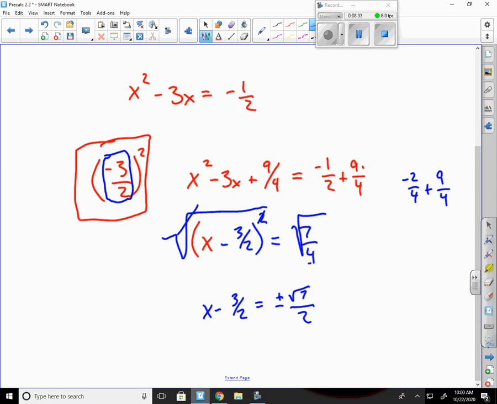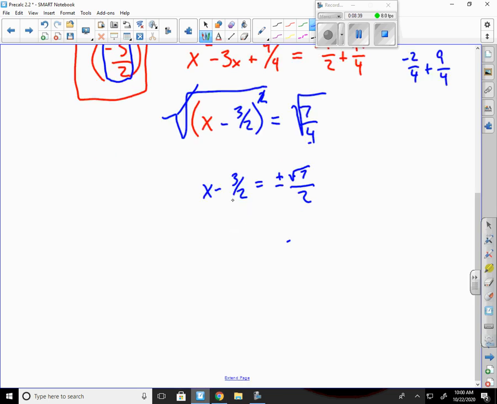Because I took the square root of 4 already. Now I add the 3 over 2 to the other side. It gives me x equals 3 over 2 plus and minus the square root of 7 over 2.